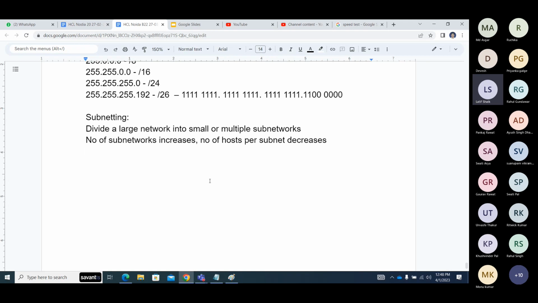So if the network side increases, the host side decreases. If the host side increases, the network side decreases. So in subnetting, generally we increase the network size, which means the host size is reduced. What is the use? I will tell.